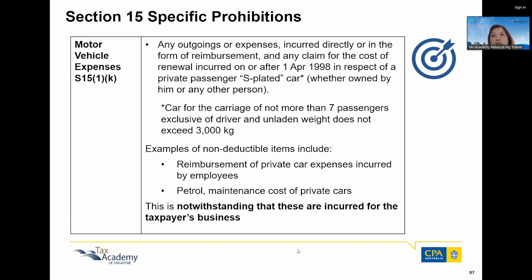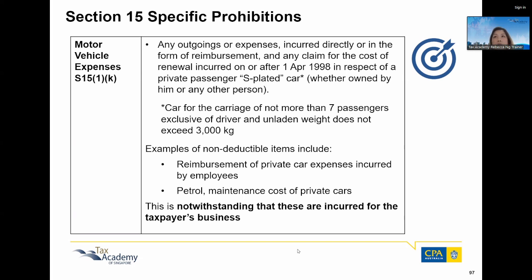Then the company records these as expenses, but these expenses are not allowable for deduction because they are relating to private cars. Okay, so reimbursement of private car expenses incurred by employees is not allowable for deduction. Similarly, petrol and maintenance cost of private cars is also not allowable for deduction.